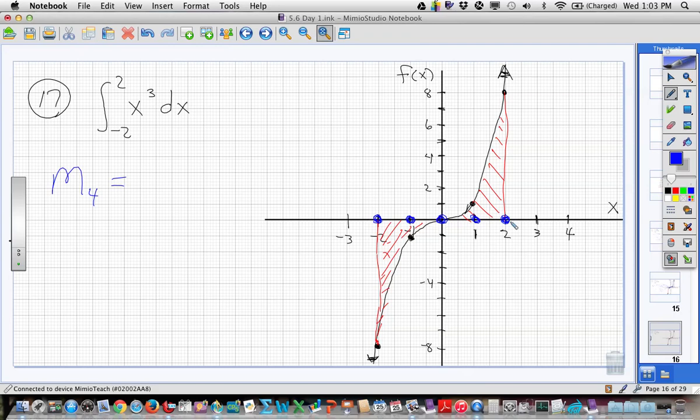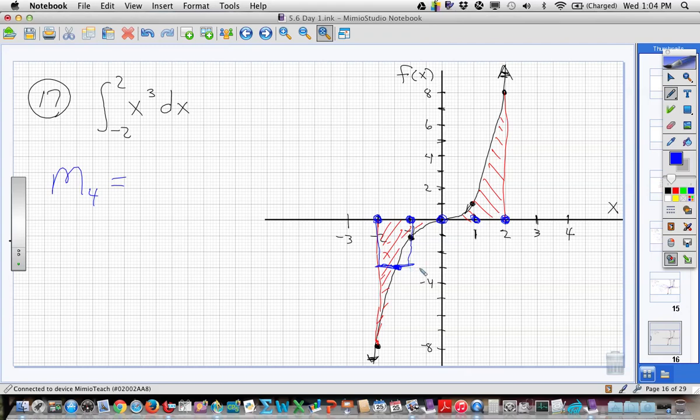What's my first midpoint? Right there, negative 1.5. So we go down to the curve, and then we draw both directions for our rectangle height. Does that make sense? Okay, it's like that.